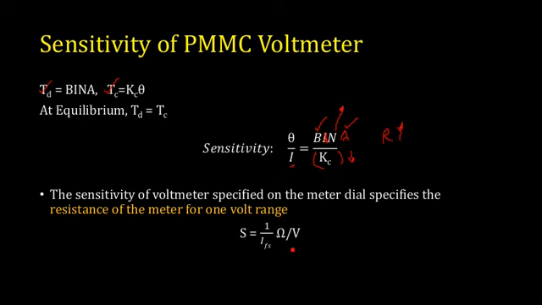Now on a meter dial, the sensitivity is also defined in terms of the resistance of the meter for 1 volt range. That is in ohms per volt. Sensitivity is also defined in terms of ohms per volt, and it is defined as 1 by IFS, that is the full scale current reading, or it is VFS for voltage scale.